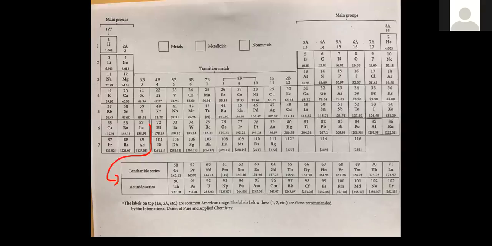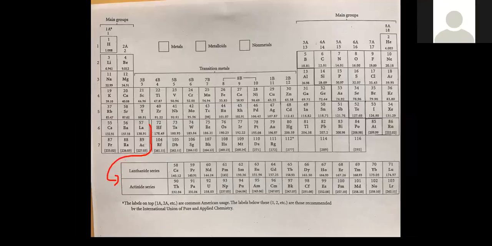It's just size-wise, it's not the best way to look at it. And most scientists even generally don't work with the lanthanides and actinides. That's a very specialized area of chemistry. So generally we pull these down and we smush these two sides together, and that's why we have this, okay?